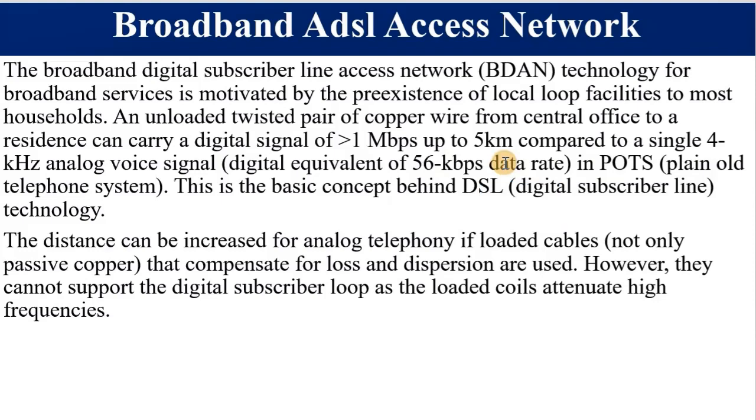Please take note that POTS simply means voice. We are saying plain old telephone system, which is a phone that was used to carry voice alone. So what do we mean by an unloaded cable?